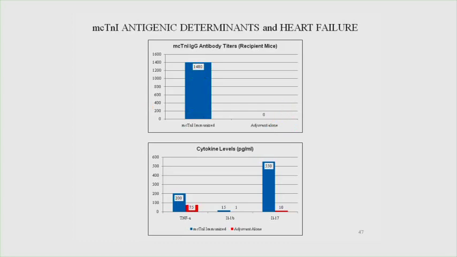If we look at cytokine levels in these mice that receive sensitized or non-sensitized T cells, those sensitized against troponin I, you see higher levels of tumor necrosis factor alpha, interleukin-1 beta, and interleukin-17 in the mice that receive T cells specific for troponin I. In other words, these T cells are attacking the heart of the recipient mice.